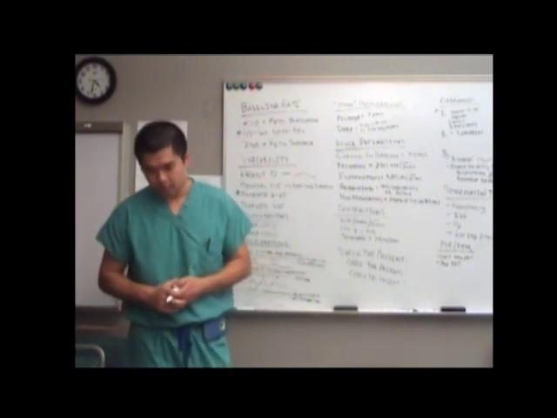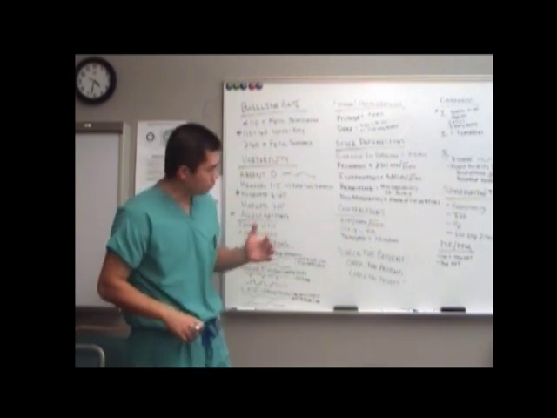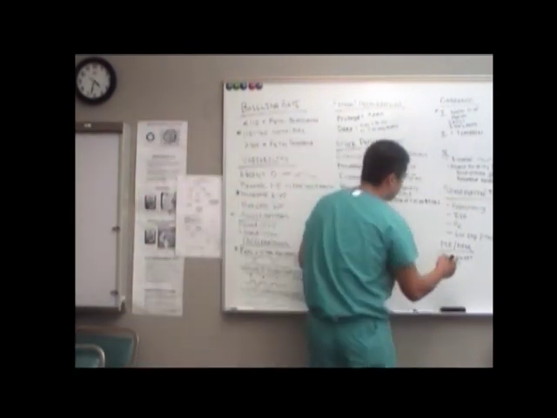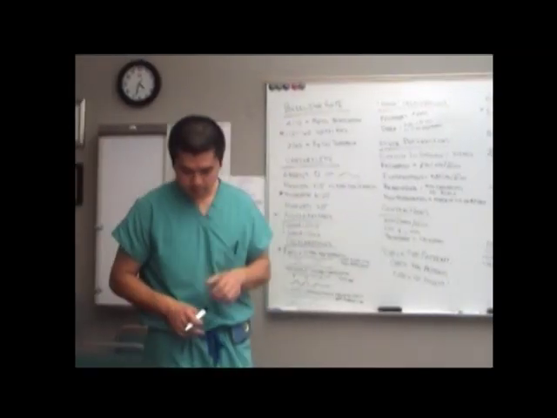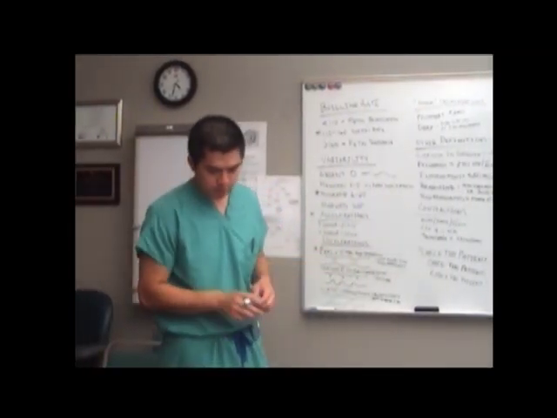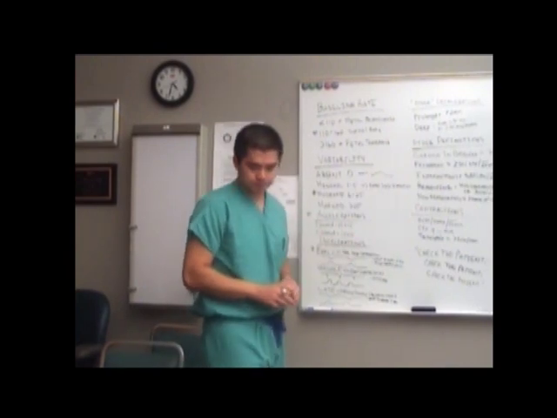And so in that situation with bad fetal heart tones, typically prolonged, deep, or recurrent, those are reasons to put an FSE or a DFM on. And we're not going to talk about how to do it, but those are the indications.